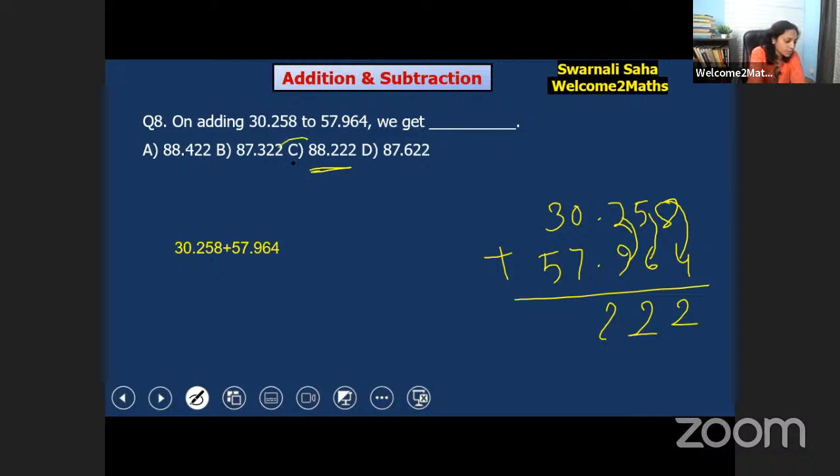So obviously C would be the right one. Okay. So C is the right one. Very good. 88.222. Wow. Nice. Very good. Okay. So let's move on.